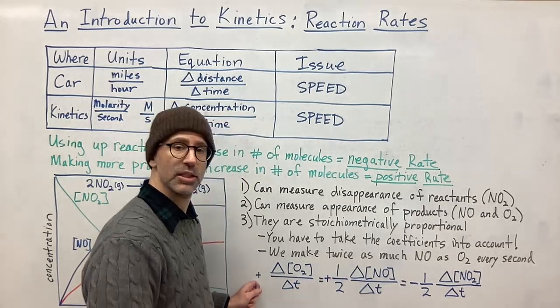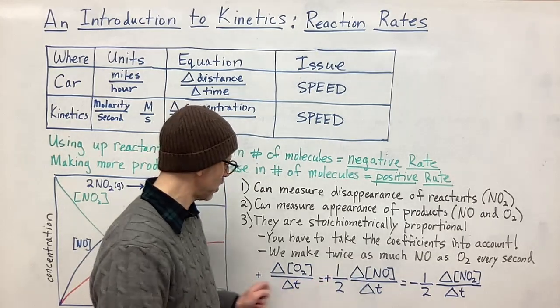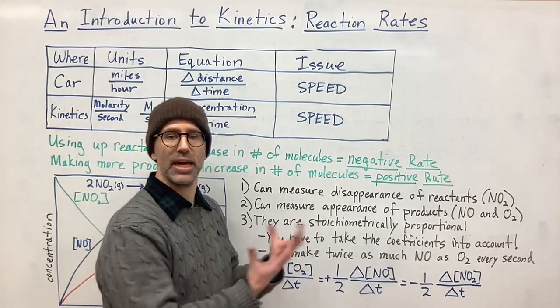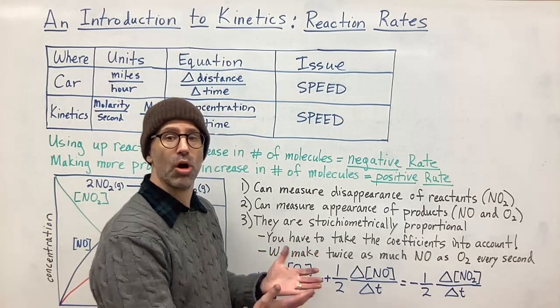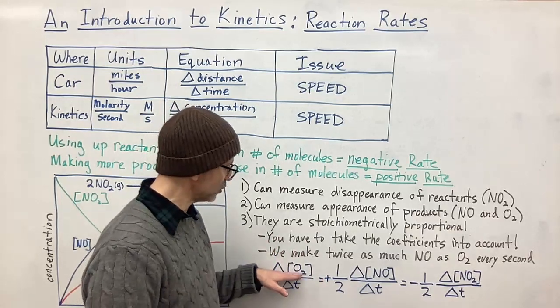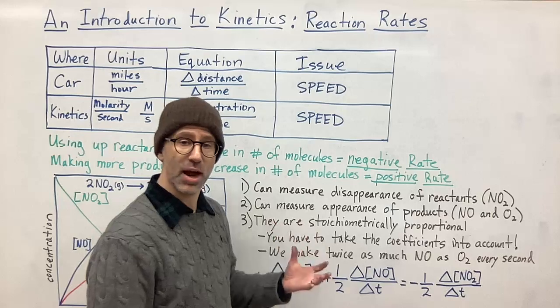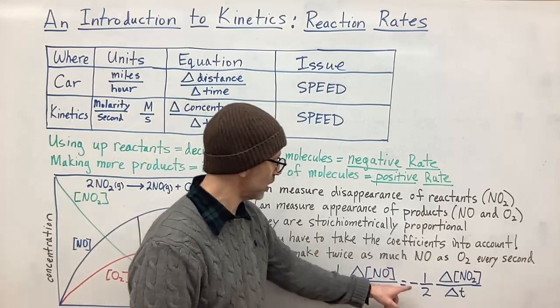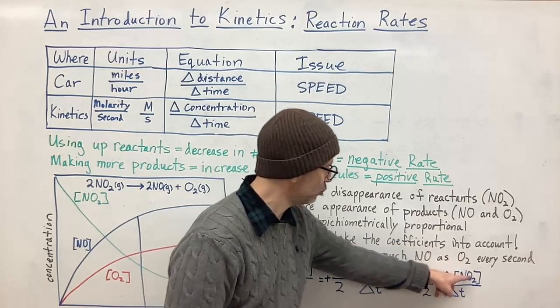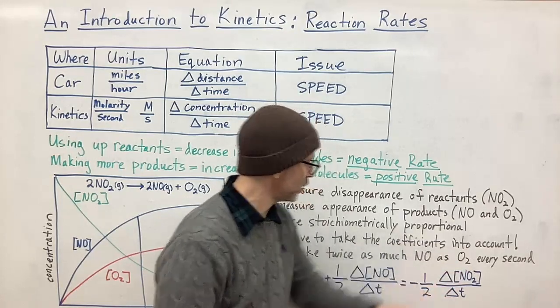Notice I have a positive here and I have a positive here. The positive means I have a positive change in concentration. I'm producing more of the substance over time, so I'm producing oxygen and NO over time. And then here it's equal to negative 1/2 of the change in NO2 over the change in time.